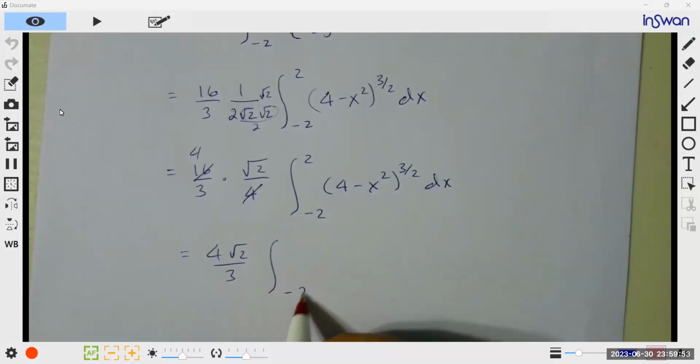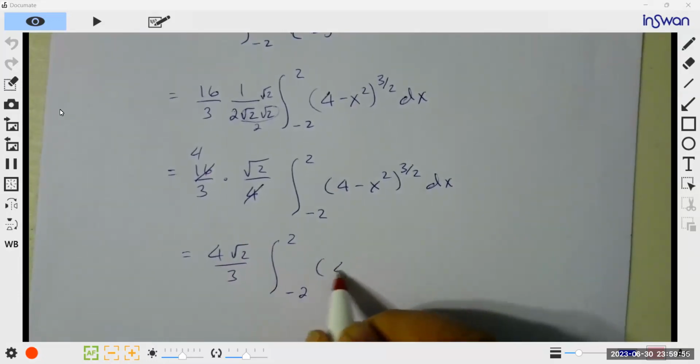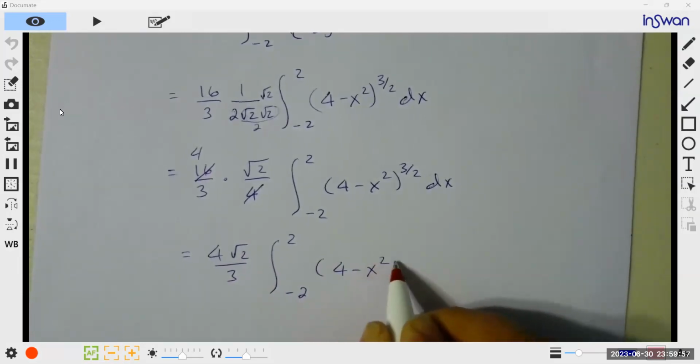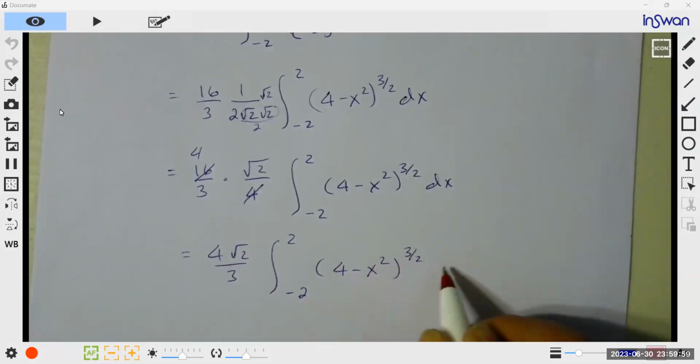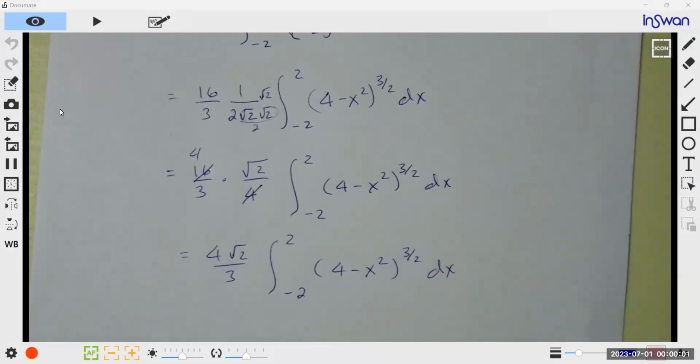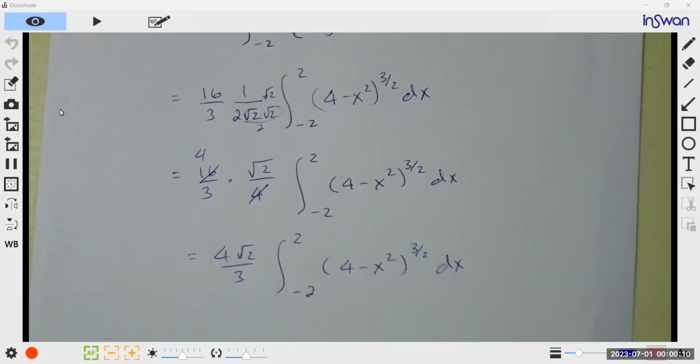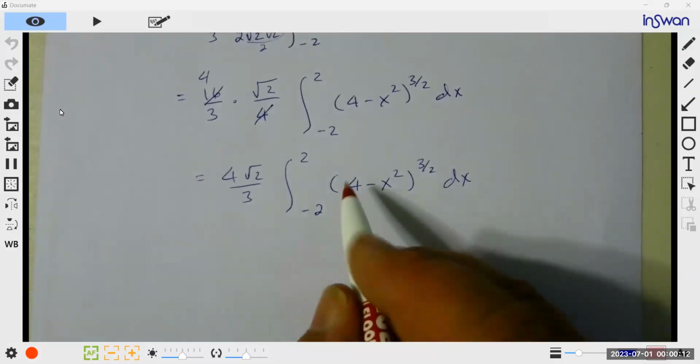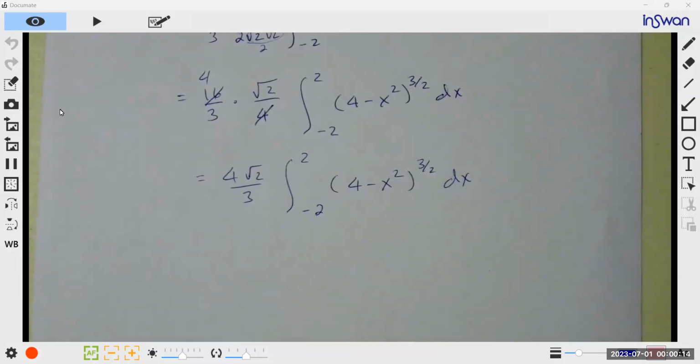And the integral of -2. Now this is where the problem begins. This, we have to use substitution.